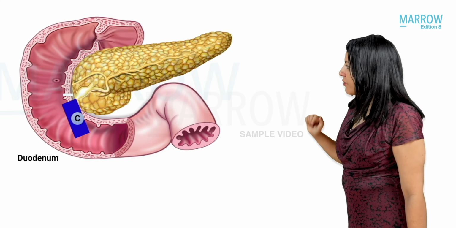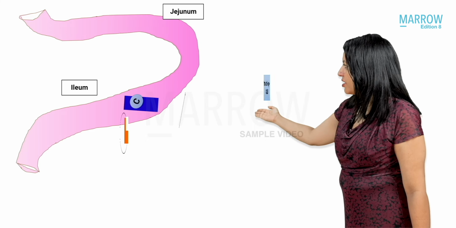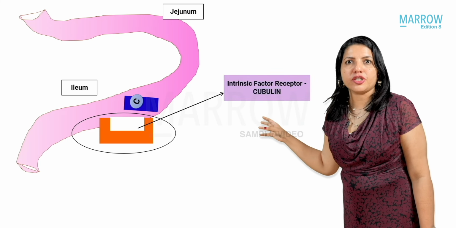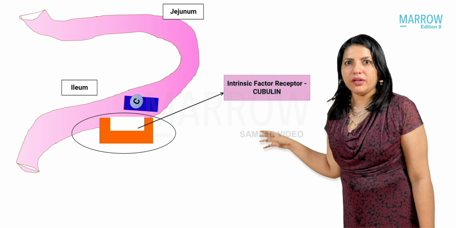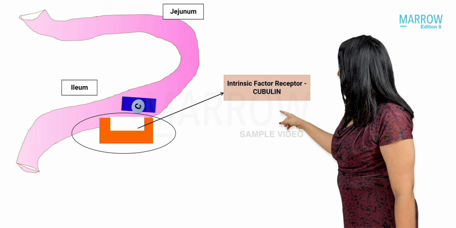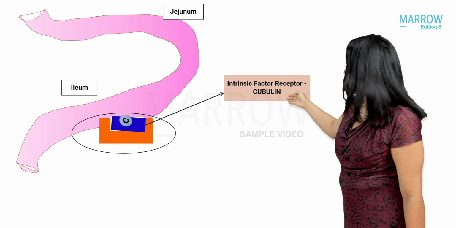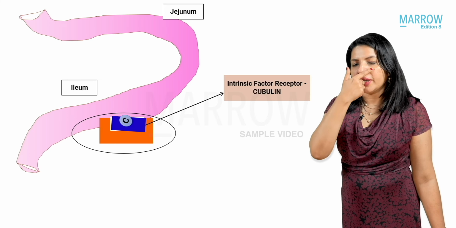This intrinsic factor bound cobalamin is going to the next organ system, from the jejunum it reaches the ileum. Now it is ready for absorption. The major site of absorption of cobalamin or B12 is the ileum. In the ileum, it binds to a receptor called the intrinsic factor receptor, because the cobalamin is bound to the intrinsic factor.